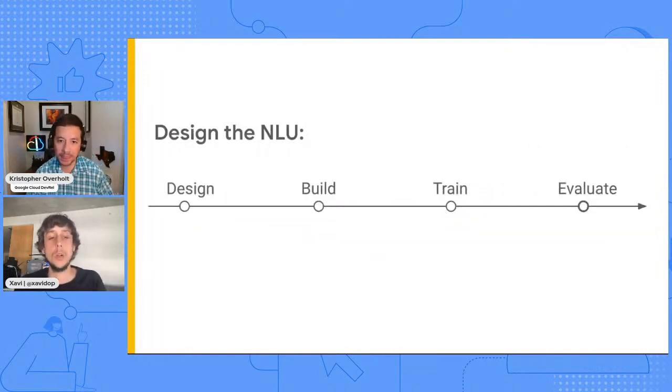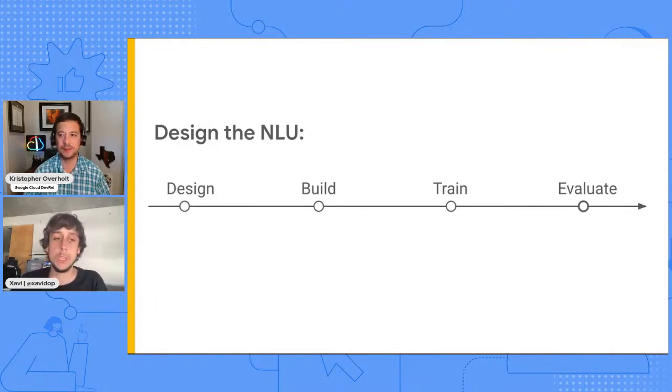Natural language understanding is super important, because it's how the users are going to interact with your assistant. Once you are designing that, the first thing you will need is to design your conversation.